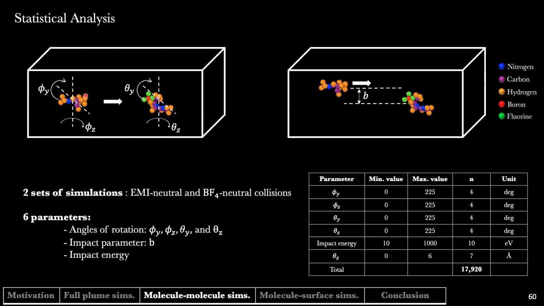And we also define this parameter, the impact parameter, that is the distance between the two centers of mass of the projectile and the target. And we vary these parameters to do a statistical analysis. And we also vary the impact energy between 10 and 1000 eV. And the total number of simulations that we get is about 18,000 simulations.